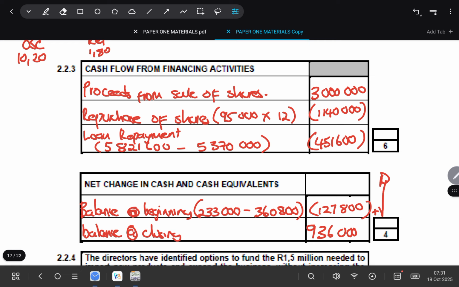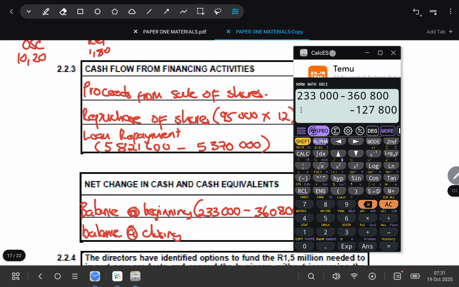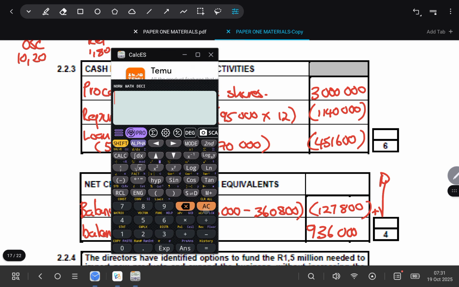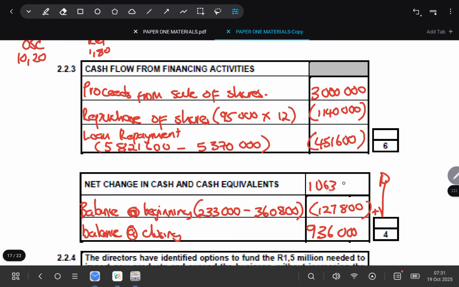So 936,000 plus 127,800 gives us 1,063,800.